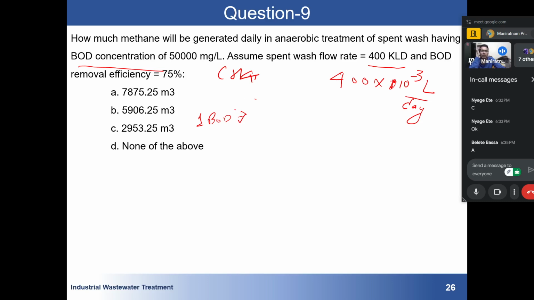Does anyone remember? In the last session I discussed this thing: 0.35 meter cube per kg. No one remembers this thing.